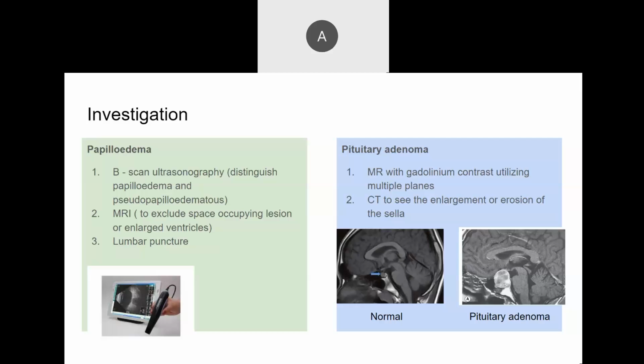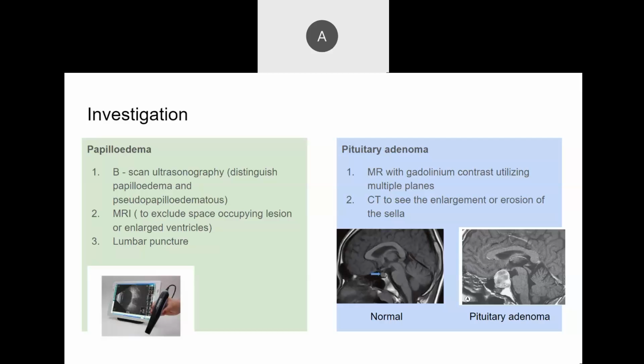You don't need to mention B-scan, because pseudopapilloedema is very rare, like optic disc drusen and so on, which I don't think you have heard of. That's the only thing it can differentiate. So we don't commonly perform B-scan in a papilloedema patient. The answer should be imaging of the brain, CT scan or MRI, depending on availability.